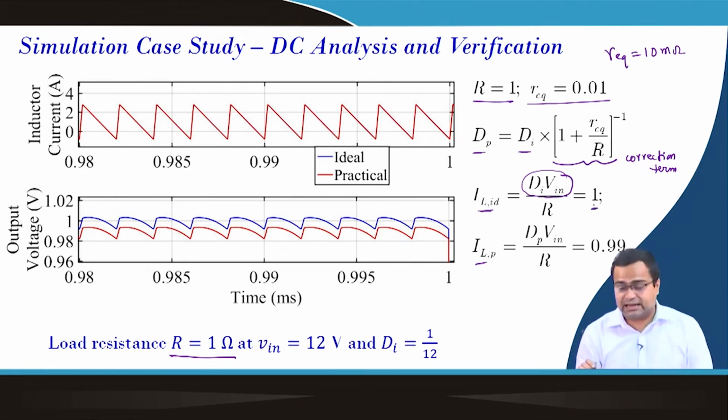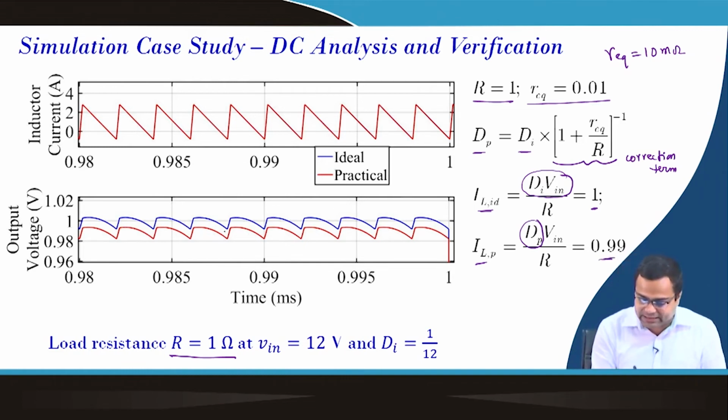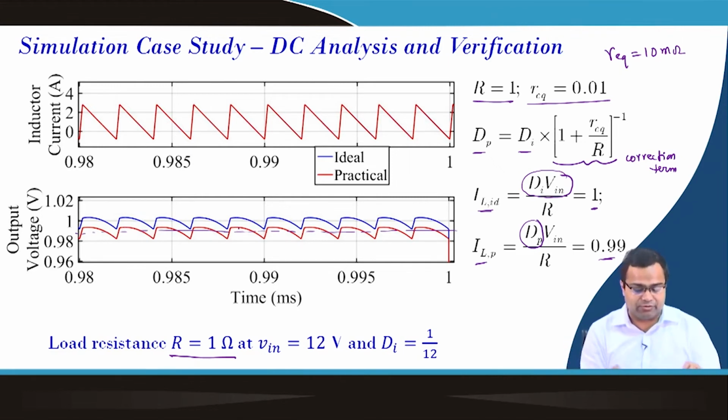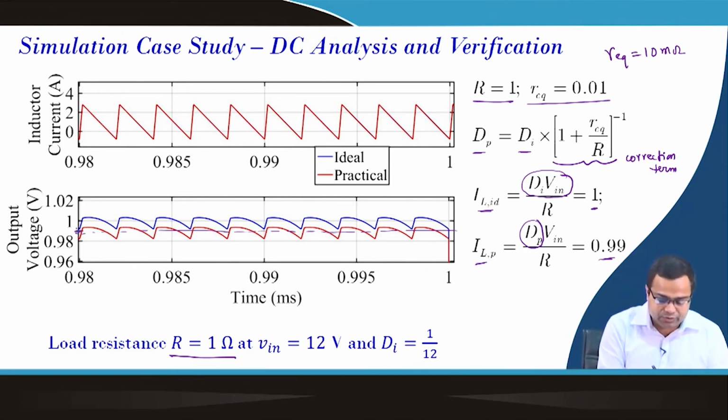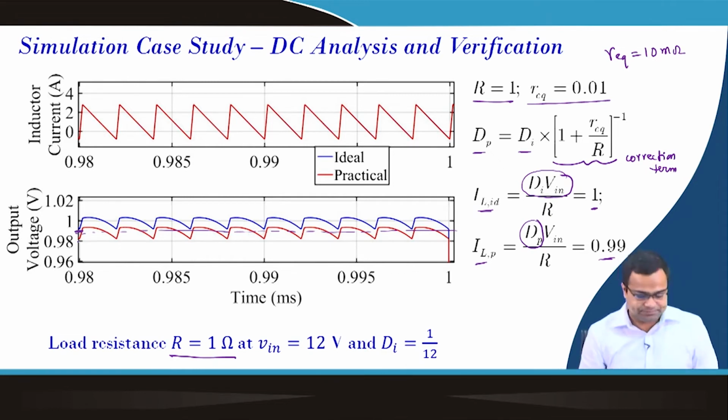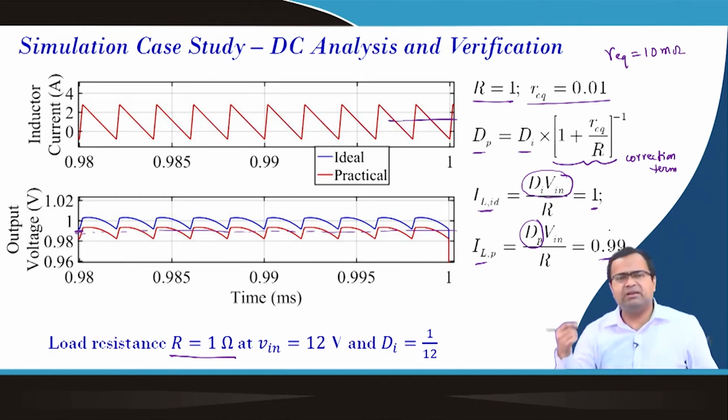But for the practical inductor current, it is D practical times input voltage by R, which is 0.99, and if you see the average of the red, it is almost 0.99, because the midpoint is more or less close to our predicted value, in between 1 and 0.98. So, they are more or less the same, maybe only 10 milliampere difference.